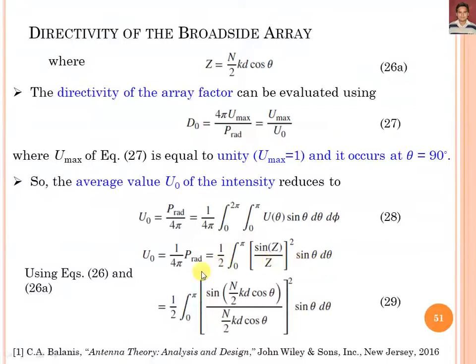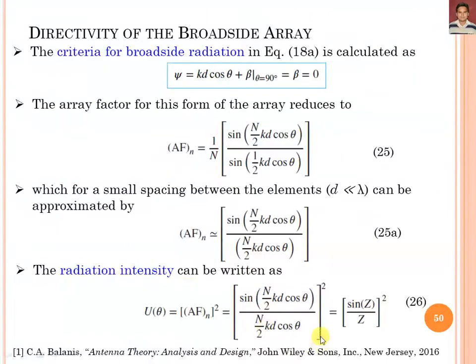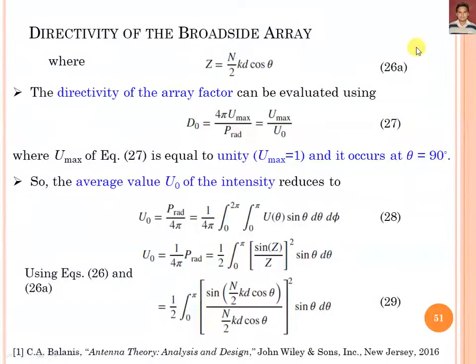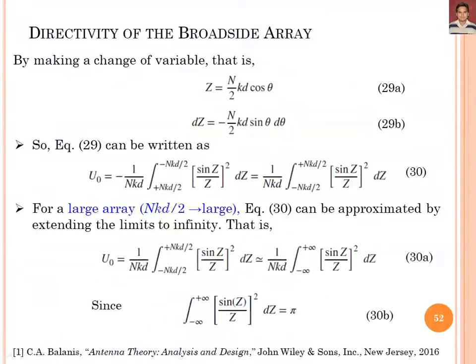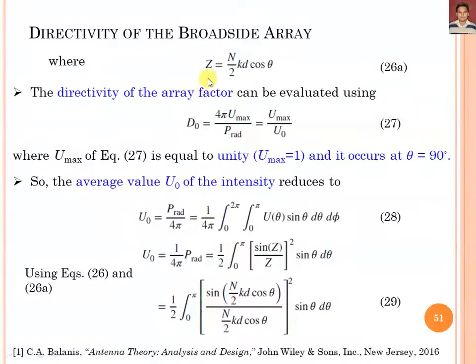Using equation 26, and this is equation 26a, we have defined the directivity. We have defined the radiation intensity by this expression, as discussed in equation 29. By making a change of variable, we define z equal to N by 2 kd cos theta.